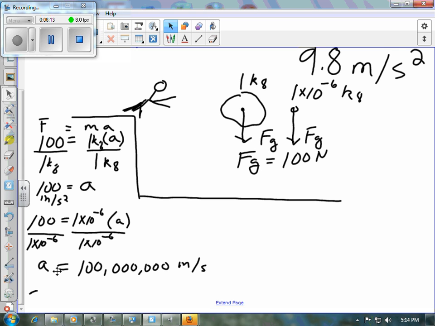If all objects fall at the same speed in a vacuum, then the force of gravity must be different on objects of different size. And remember, Aristotle used to think that big objects fell fast and small objects fell more slowly.